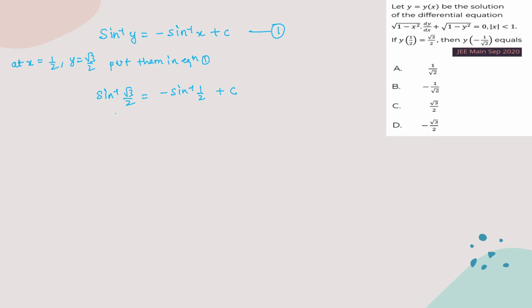What is the value of sine inverse of root 3 by 2? That will become 60 degree, pi by 3. And sine inverse of 1 by 2 will give you 30 degree, plus c. Now from here you can find out the c value, which will be coming as pi by 3 plus pi by 6, 60 plus 30, 90 degree.